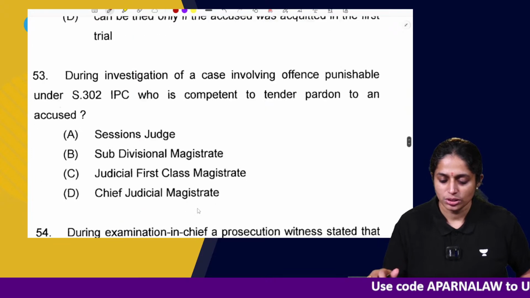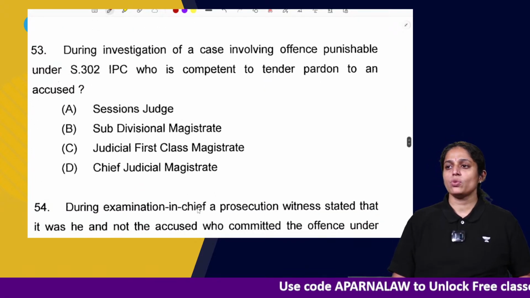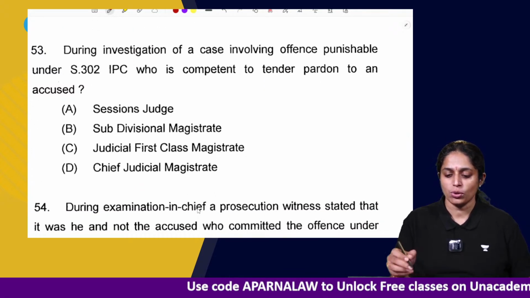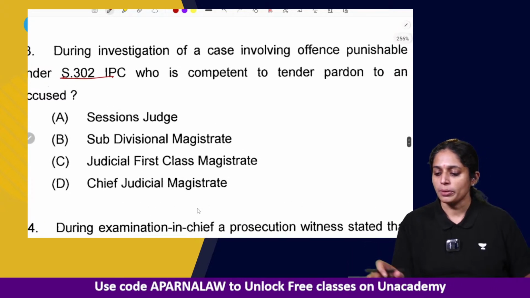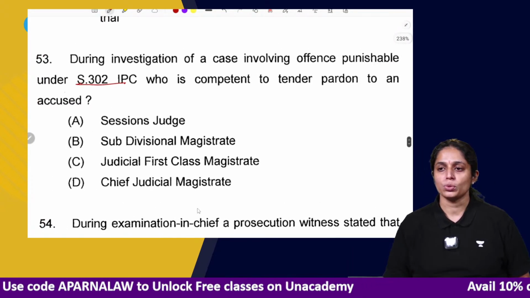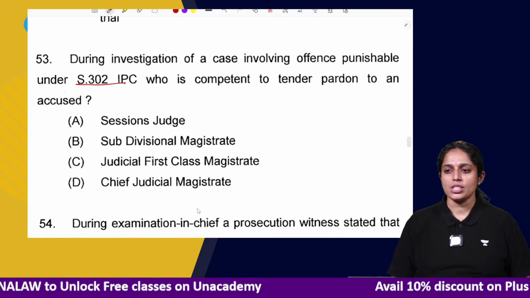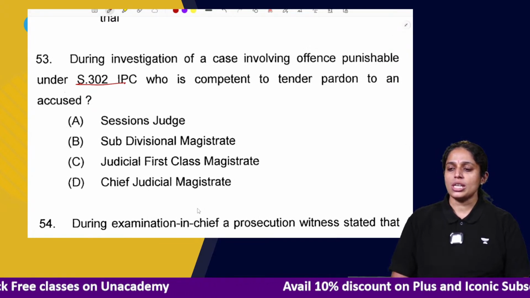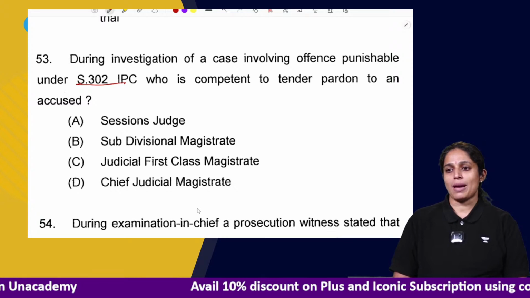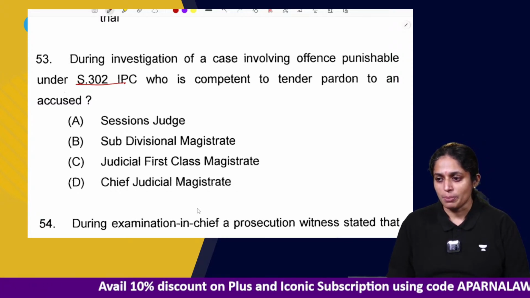Next, 53rd question. During investigation of a case involving an offence punishable under section 302 IPC, who is competent to tender pardon to an accused? A. Sessions Judge, B. Subdivisional Magistrate, C. Judicial First Class Magistrate, and D. Chief Judicial Magistrate.